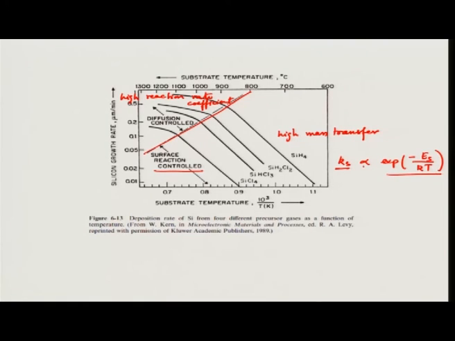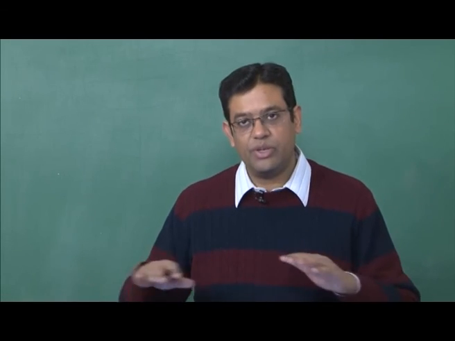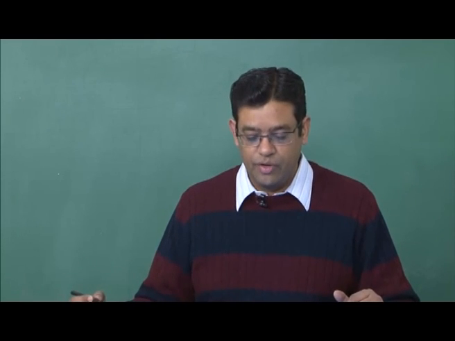So, it depends on temperature exponentially. So, if there is small non-uniformity in temperature, it will affect your reaction rate to a large extent. Since your deposition rate is controlled by reaction rate, you will have a difference in the deposition rate at different points, because your temperature is not uniform.